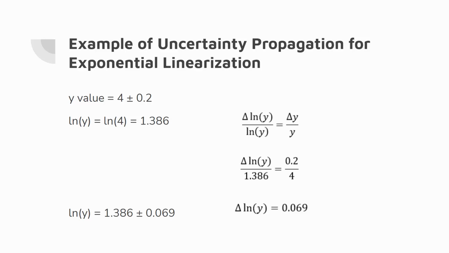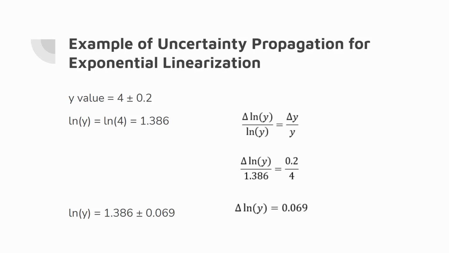If we divide the 0.2 by 4 and then cross multiply the 1.386, we can find out that the uncertainty in that value of the natural log, that is the natural log of this data point 4, this measurement 4, is 0.069. And so our natural log is 1.386. That was just the natural log of 4 from a calculator or from Excel. And we can say that the uncertainty, we can make a new column probably for the uncertainty and say it's 0.069. And that 0.069 is going to give us our error bars. Okay.